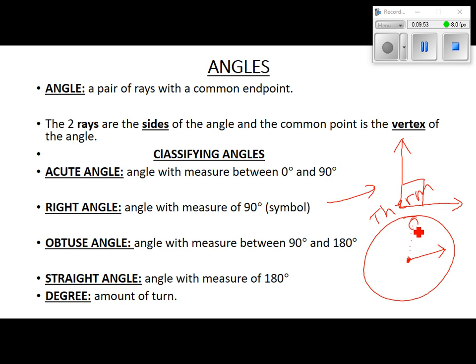To the 2, 90. To the 3, 120. To the 4, 150. So that angle right now is about how many degrees? About 140, 150, somewhere around there. That's pretty cool, ain't it? What would the angle be at 3 o'clock?